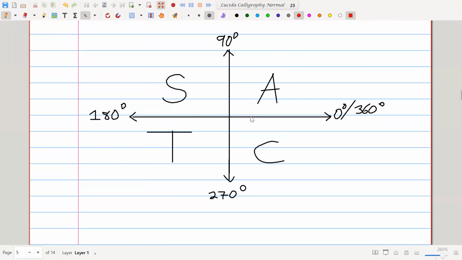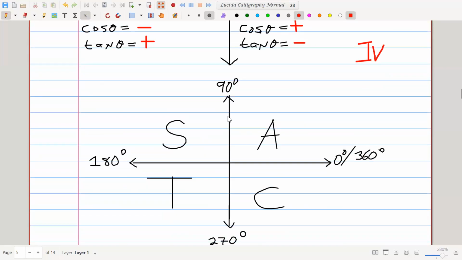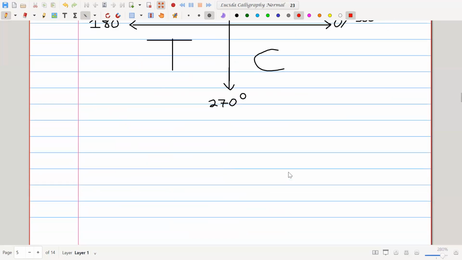So in the first quadrant, that A indicates that all your trig ratios are positive. And then in the second quadrant, it indicates that sine has the positive sign, the rest are negative. So it's sine and its reciprocal, always remember that. And then going to the third quadrant, the tan is the one that is positive. Go back, you see tan is positive there. And then fourth quadrant, it's the cosine that is positive, of course, with its reciprocal.